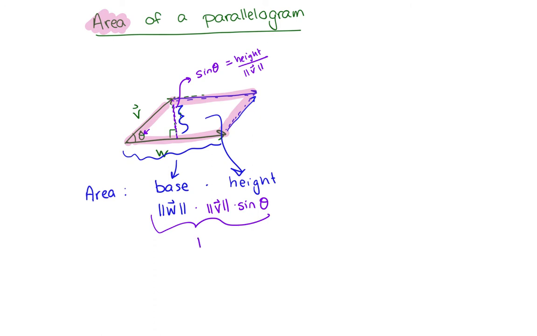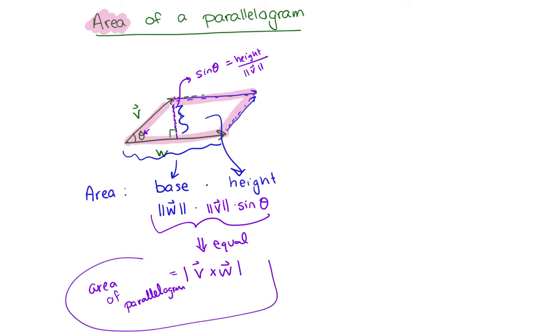That's exactly equal to the magnitude of the cross product of those two vectors. So to find the area of the parallelogram spanned by two vectors, all you need to do is take the magnitude of the cross product of those two vectors.